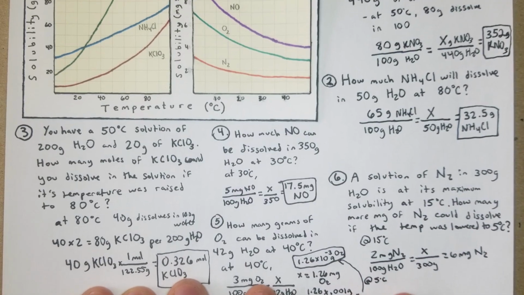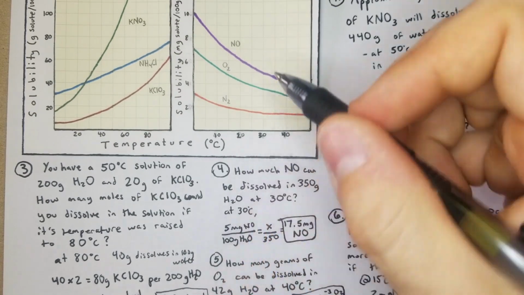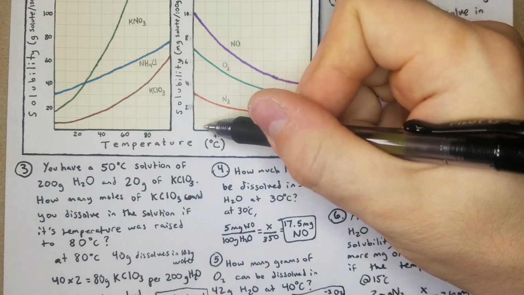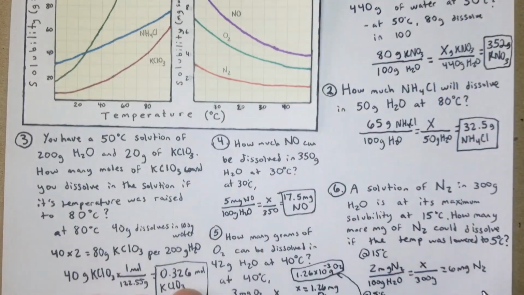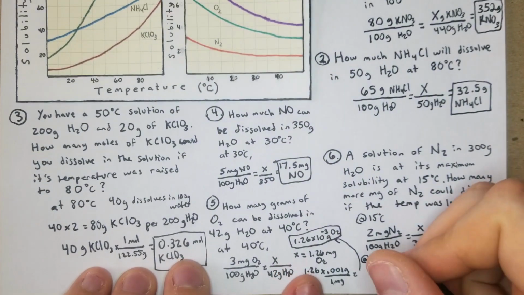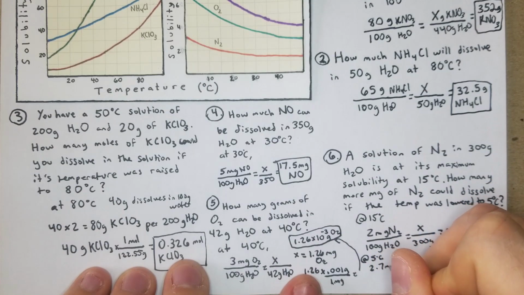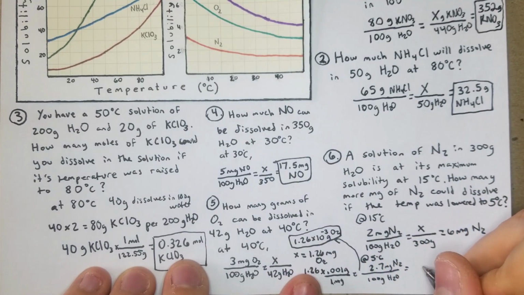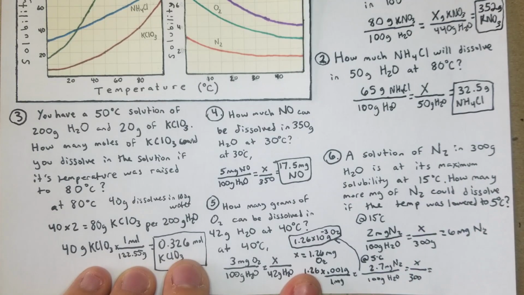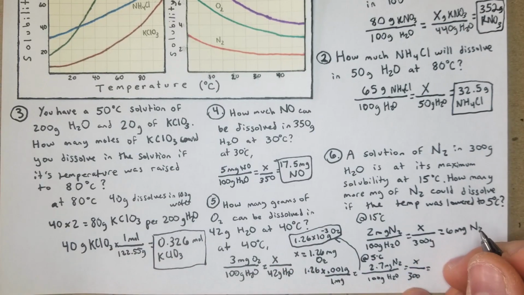And now we're just going to plug that in at 5. We're going to look again, and it's going to be a little bit more. It's going to be 2.7, we'll say. 2.7 milligrams of N2 per 100 grams of water. It's going to equal X over 300. And we can get 8.1.